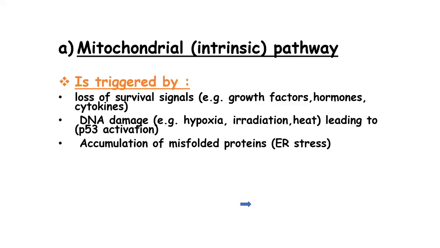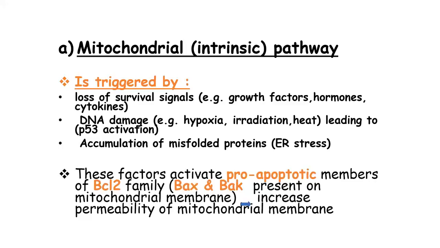Accumulation of misfolded proteins leading to ER stress, as in cases of Alzheimer's disease, for example. All these factors will activate the pro-apoptotic members of the BCL2 family, which are BAX and BAK, that are present on the mitochondrial membrane, leading to increased permeability of the mitochondrial membrane.